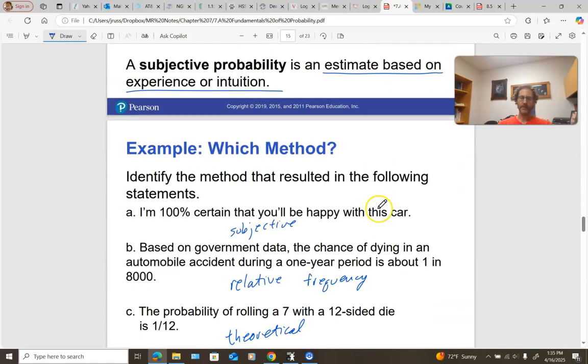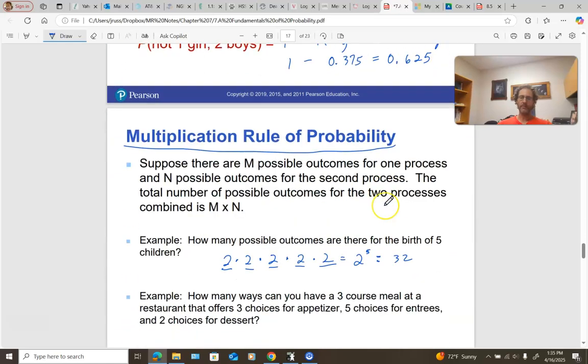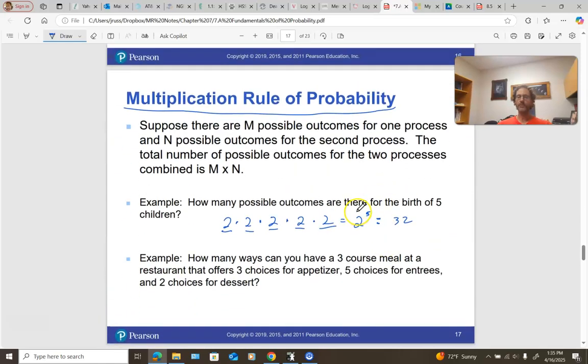So the number of outcomes for having 6 children would be the same as 2 to the 6th power, which would be 64. That's why it would be really rare to see a family that had all 6 boys. Basically, you have a 1 out of 64 probability or chance of that happening. So it's a very rare event. That's why you would rarely ever see it.